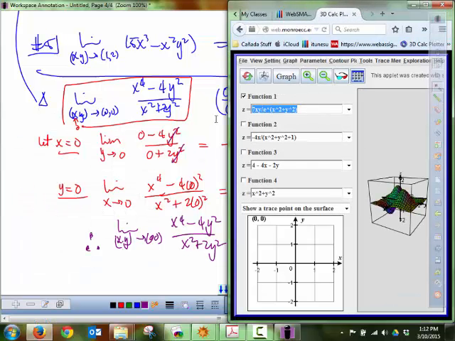So the function is, you have to be careful, because the typesetting for this isn't very nice, so watch your parentheses. Open parentheses for the numerator, x to the 4th minus 4y squared, close parentheses, start my denominator, x squared plus 2y squared.